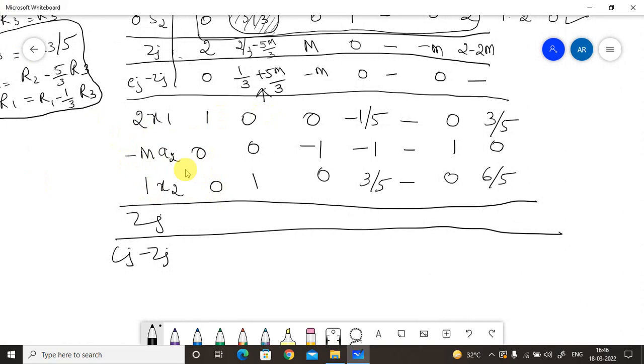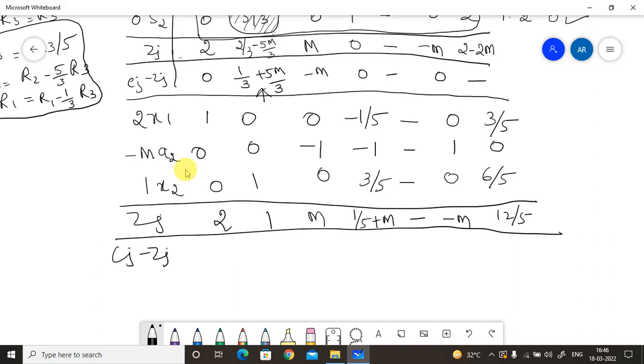So we'll write 2 here, and here also 2 into 0 minus M into 0, 1 into 1, so the answer is 1. This becomes M, right, and this becomes minus 2 by 5 plus M plus 3 by 5, so it is 1 by 5 plus M. Okay, 1 by 5 plus M, and then this becomes minus M, and this becomes 12 by 5.